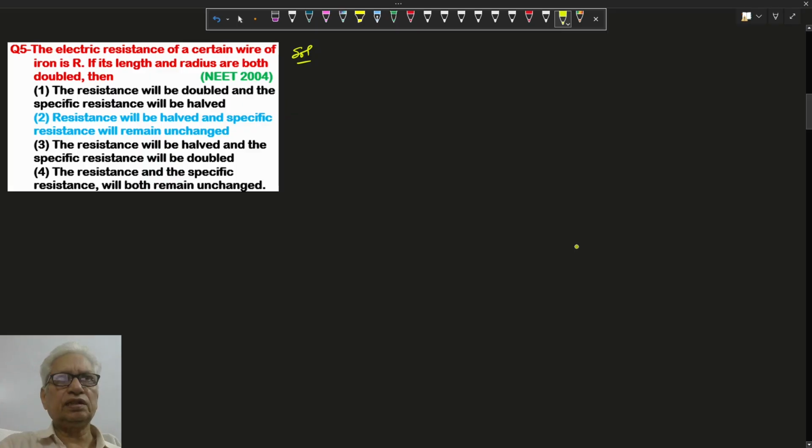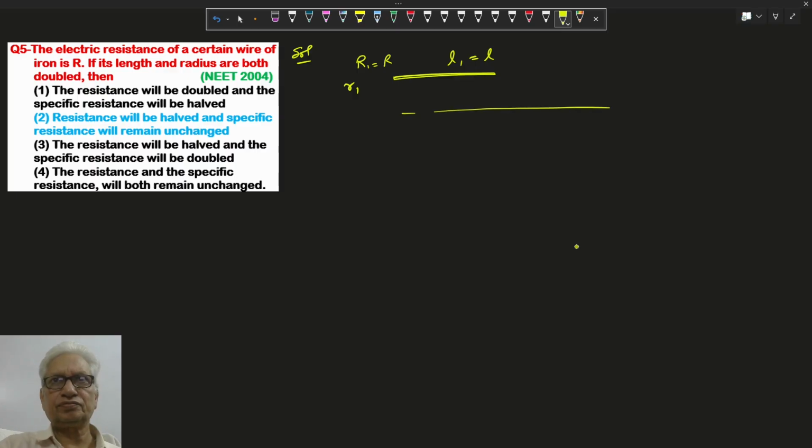In this question, the electrical resistance of a wire of length L and radius r1 is R. Find out the resistance when the length is double and the radius is also double.